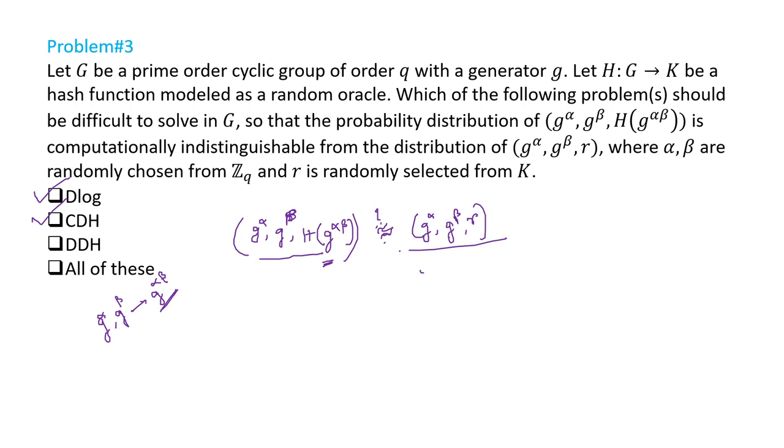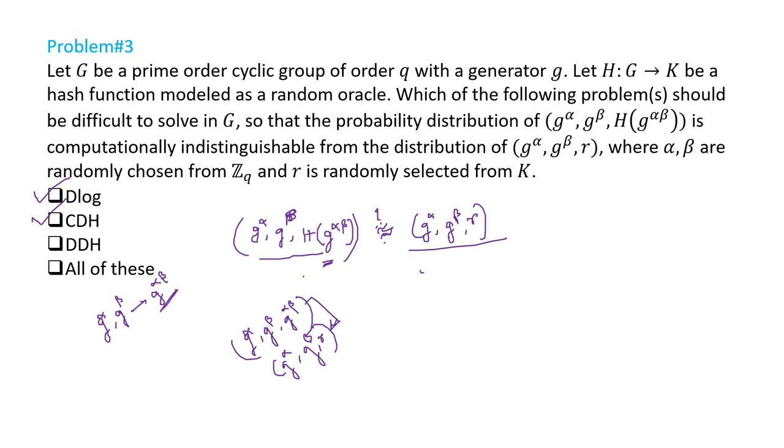Because then it will be able to distinguish between an element from the group and a random element from the set K. But the point here is, by decisional Diffie-Hellman, you can distinguish between g to the power alpha, g to the power beta, g to the power alpha beta, and g to the power alpha, g to the power beta, and some random r from the group.